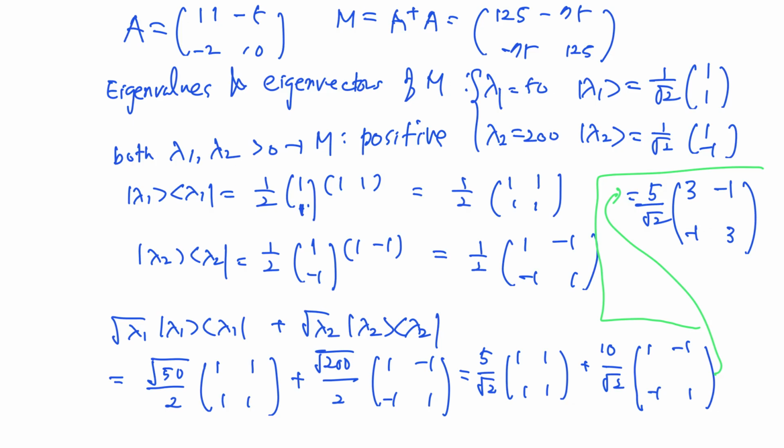Right? So temporarily we can define the square root of m as 5 over square root of 2 times [3 -1; -1 3].